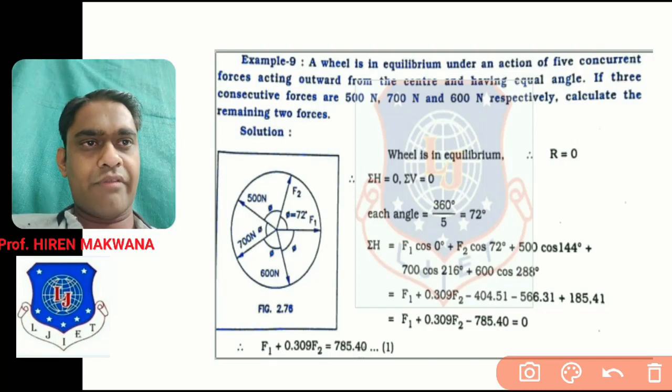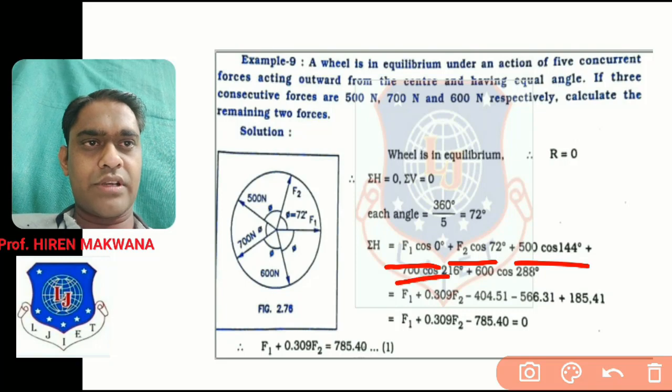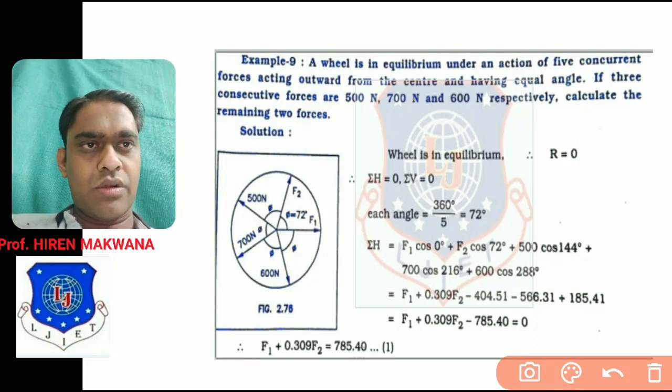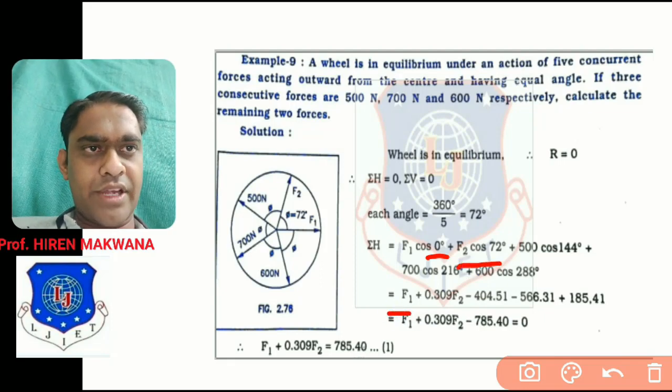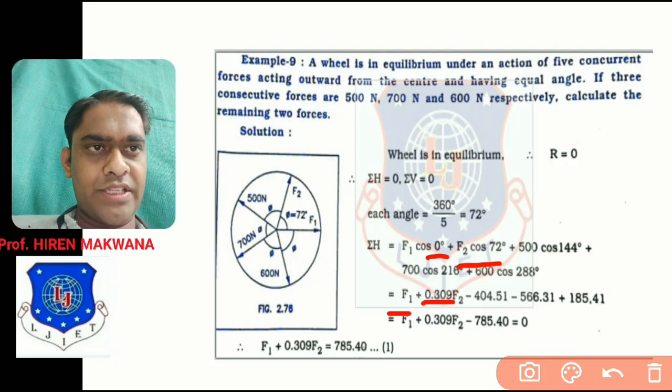So sigma H is equal to F1 cos 0, F2 cos 72, 500 cos 144, 700 cos 216, 600 cos 288. With the help of the calculator, cos 0 equals 1, so F1 cos 0 will be equal to F1. Cos 72 equals 0.309, with F2 as it is.